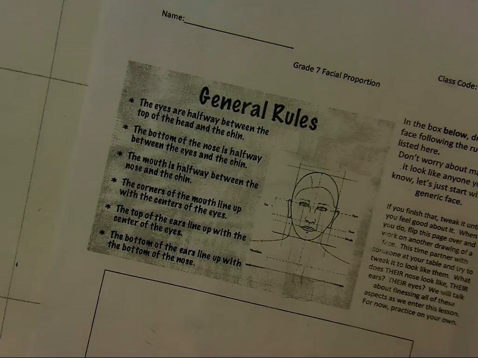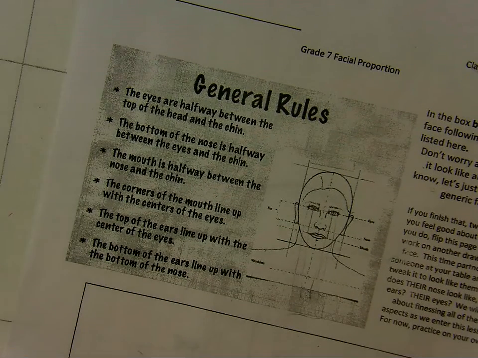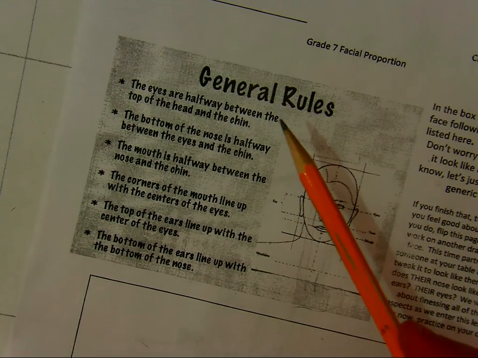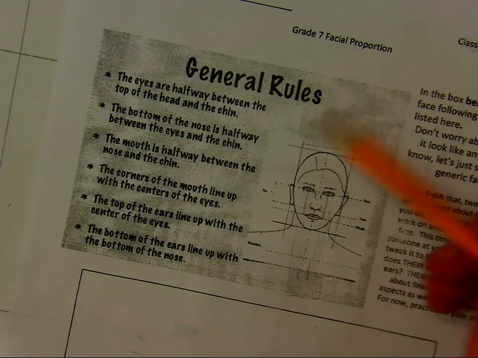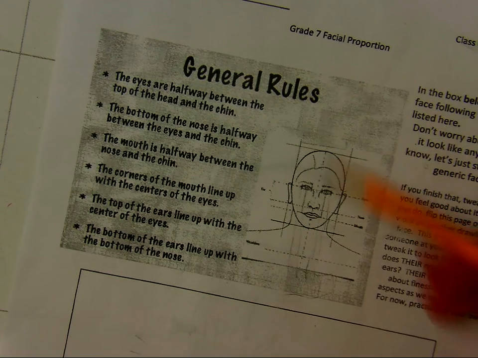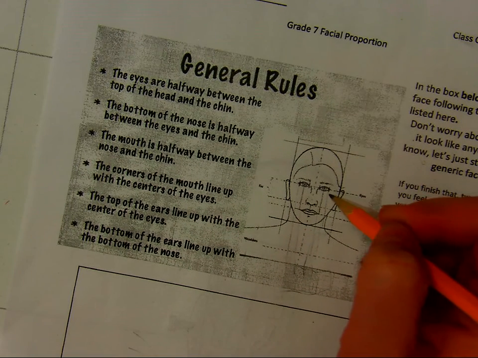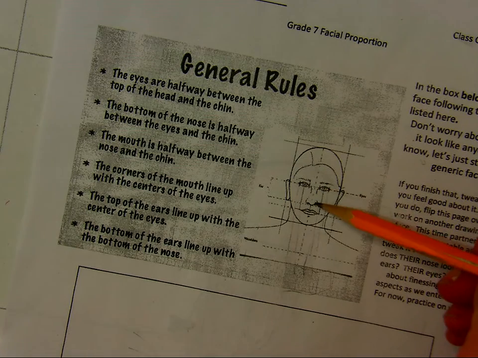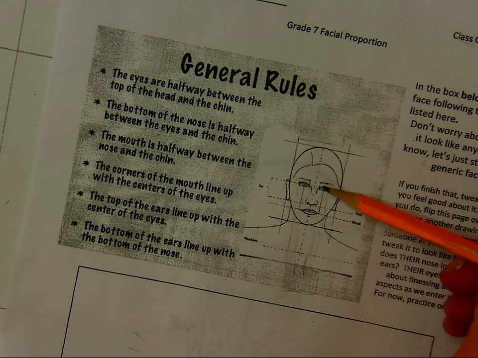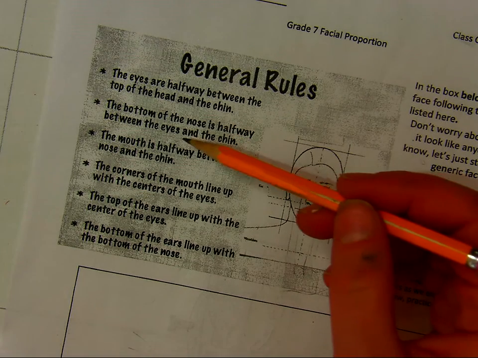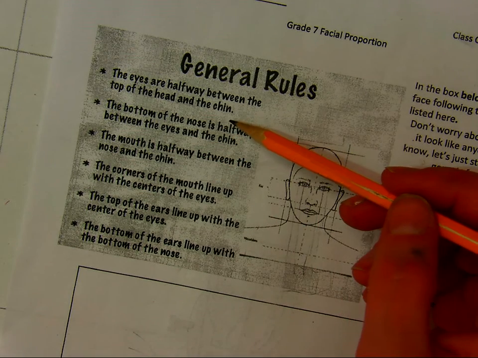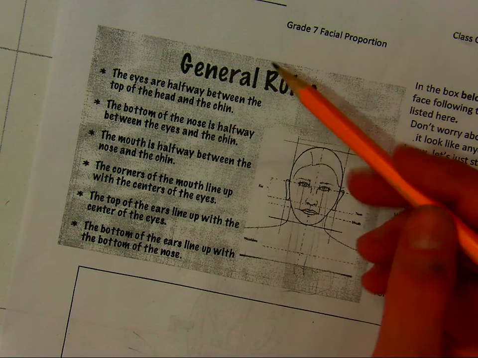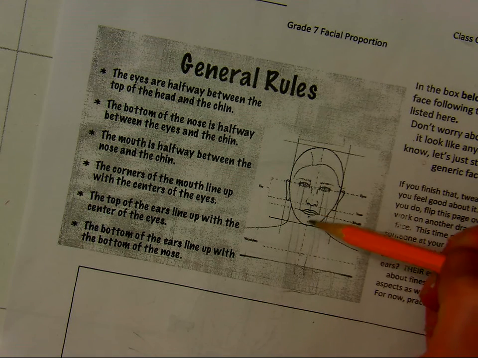Here it talks about how the eyes are halfway between the top of the head and the chin. So that's the halfway point there. It talks about how the nose is halfway between the chin and the eyes, and the mouth is halfway between the nose and the chin.